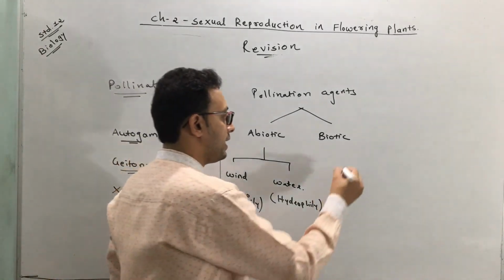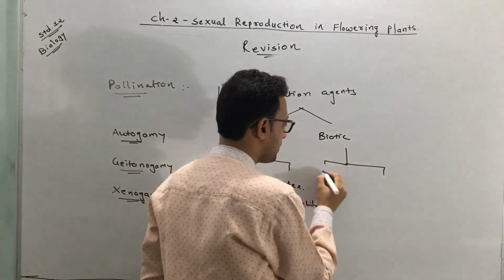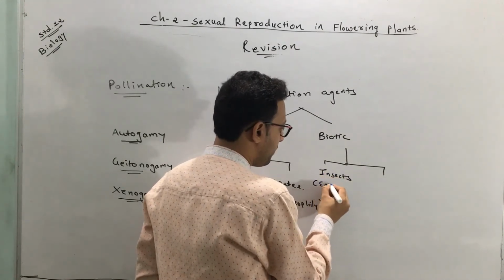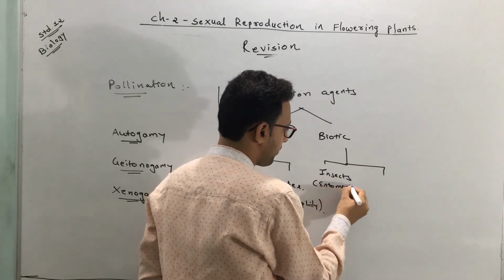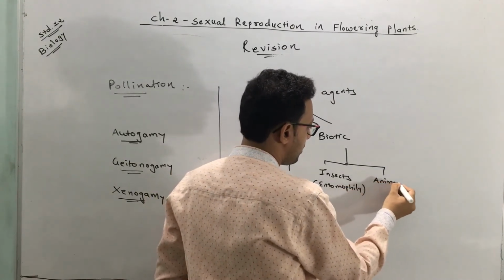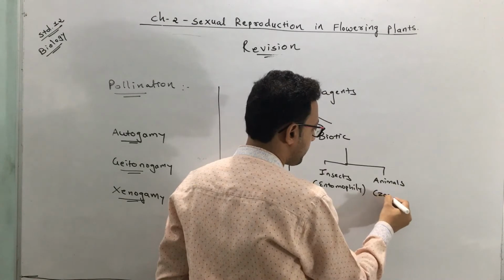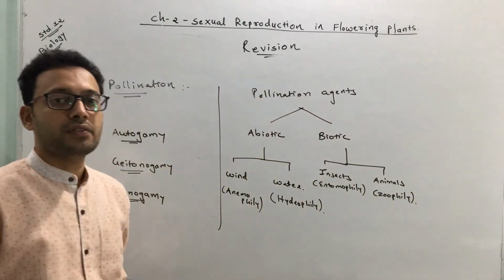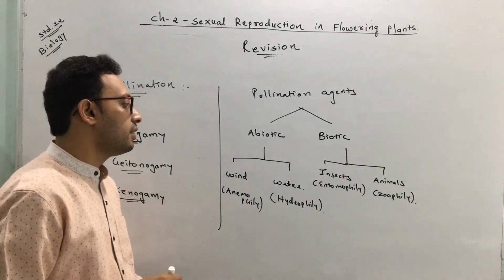And pollination by insects is called entomophily, and pollination by animals is called zoophily. So here are the different types of pollination agents, abiotic and biotic.